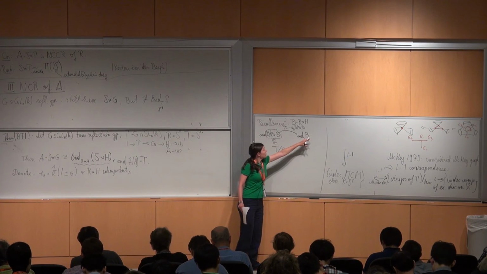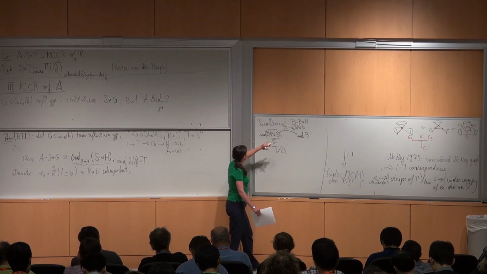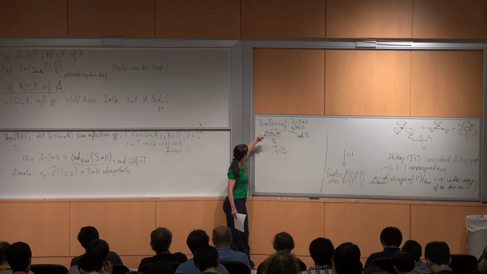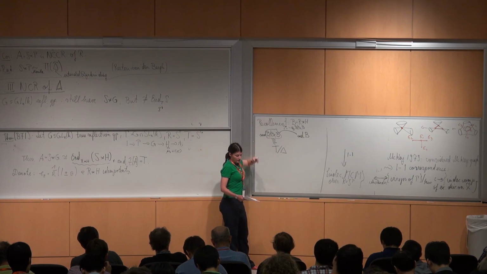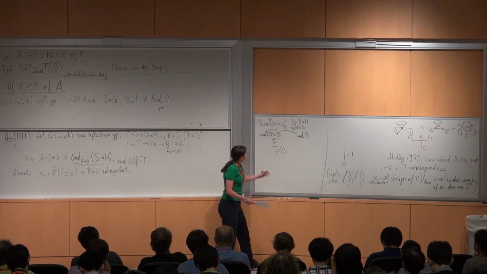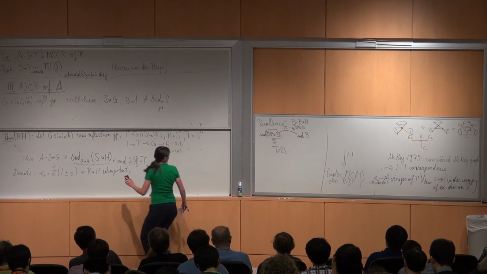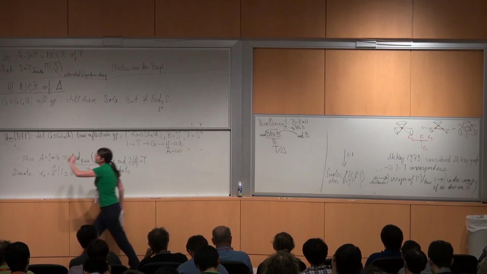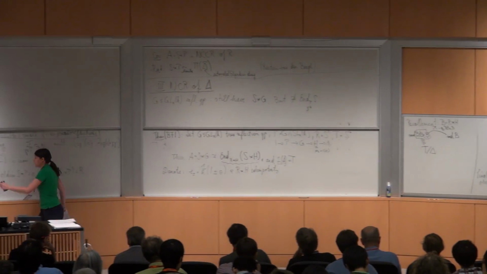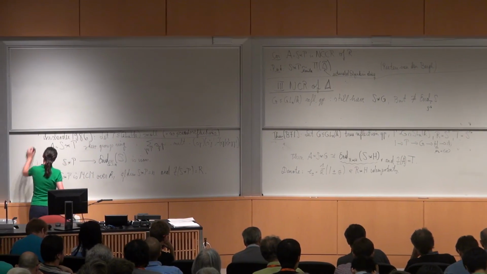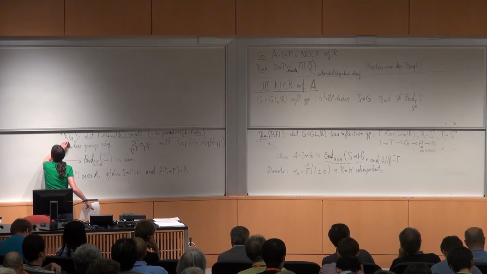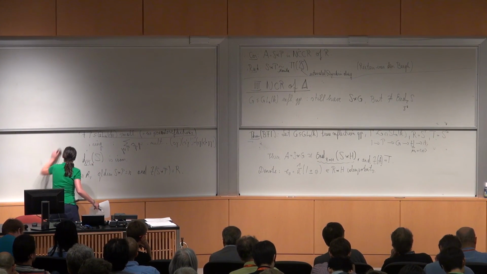So we go from the modules over this skew group ring to the modules of T mod delta. But of course the problem is that this recollement is not really an equivalence of categories. So this doesn't work, and we have to work a little bit more here.